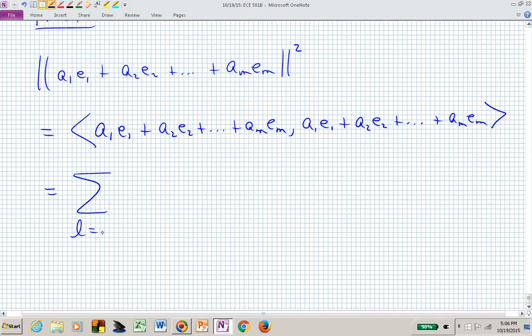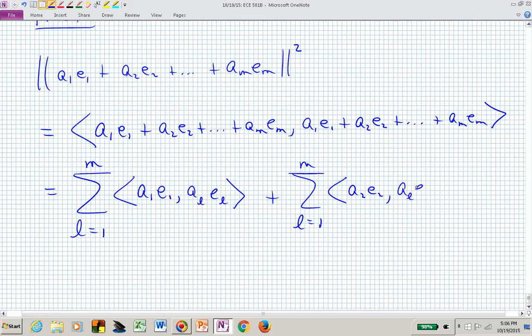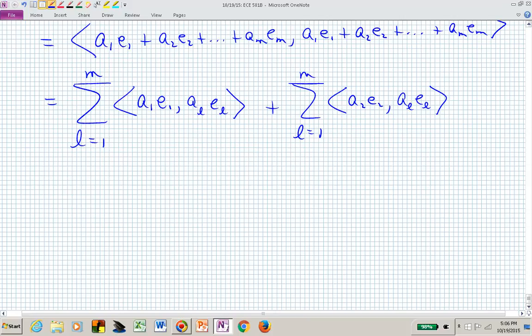I'm going to sum from L equal 1 to M, and I now have a1 e1 with this rightmost slot, so that now I have a sub L e sub L. Plus this sum, and can I use the same index, L equal 1 to M of a sub 2 e sub 2 with a sub L e sub L. Is that okay? And I just keep doing that.